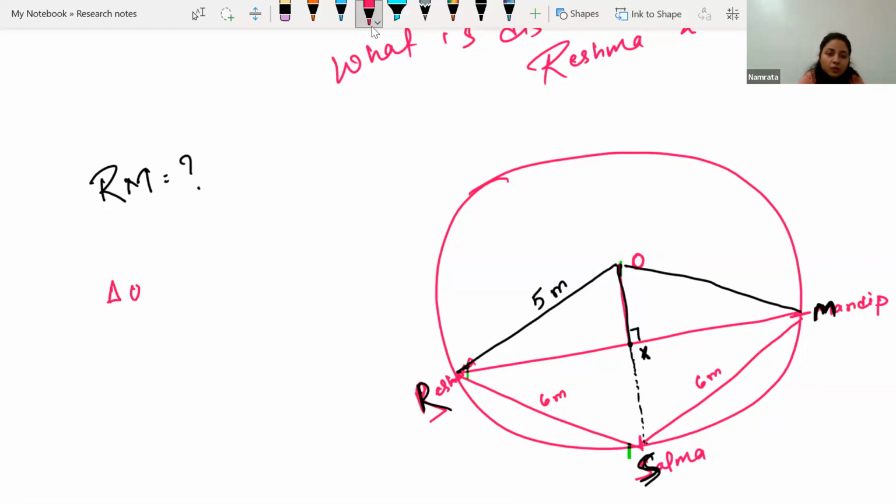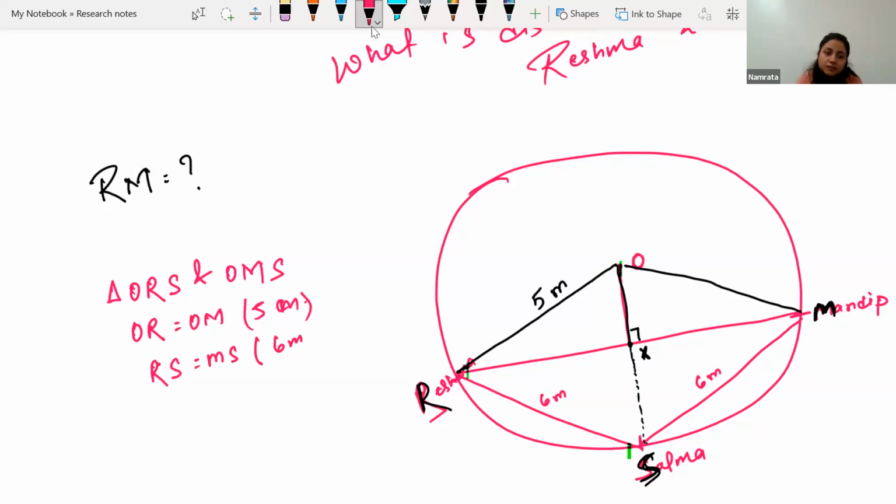Triangle ORS and triangle OMS. We are saying that OR over there and OM over here are 5 meter radius. RS over there and MS over here are 6 meter, both are equal. And OS over there and OS over here are common.